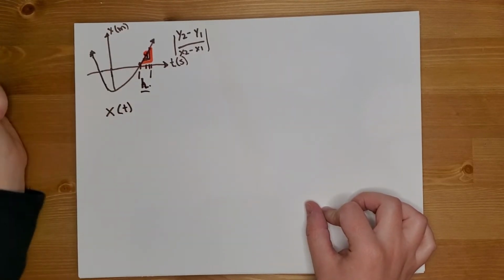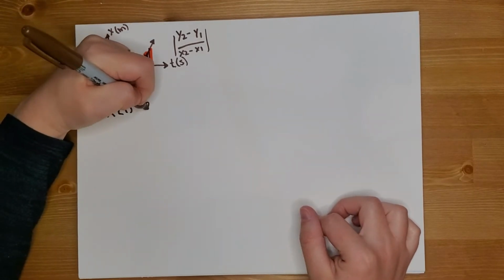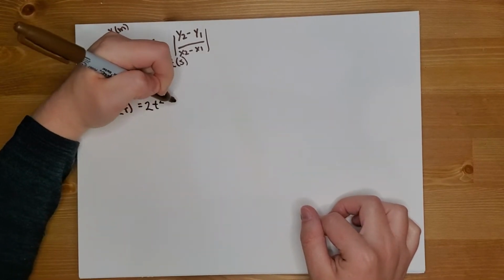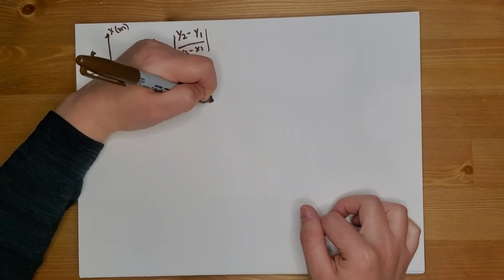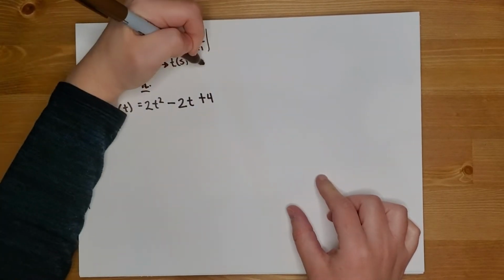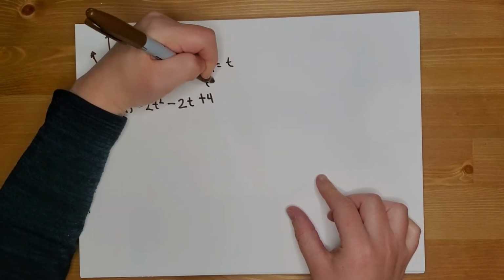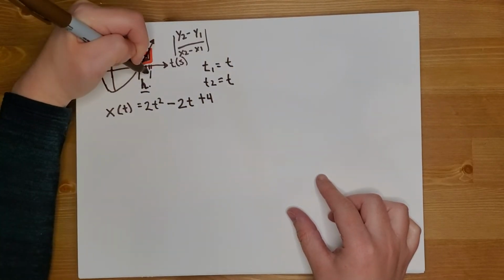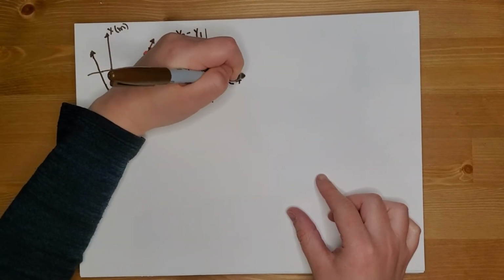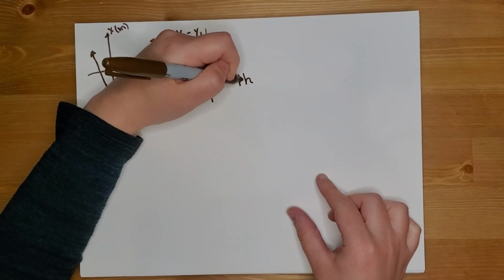So I'm going to make my position formula equal to 2t squared minus 2t plus 4. And I'm going to pick my t1 to be equal to just t, and my t2 to be equal to t plus that little h, which eventually we want to make equal to 0.